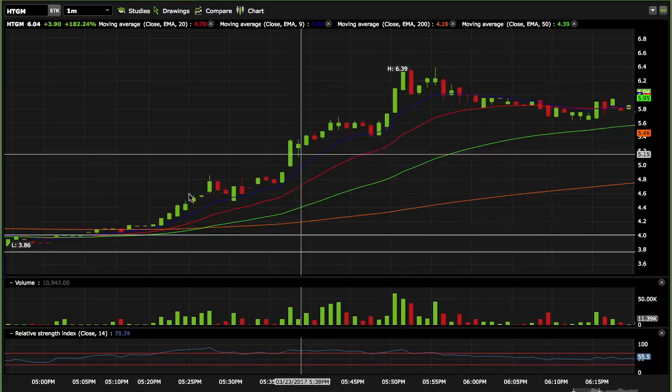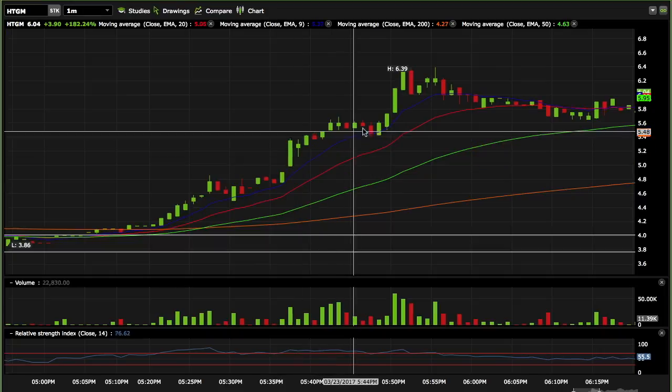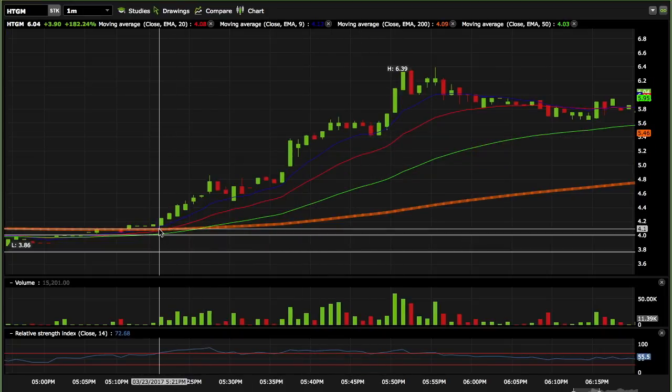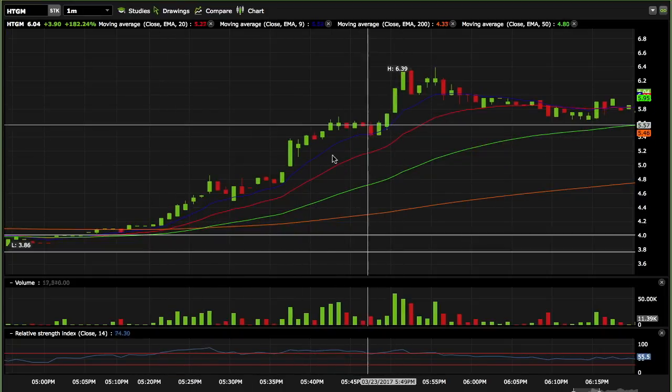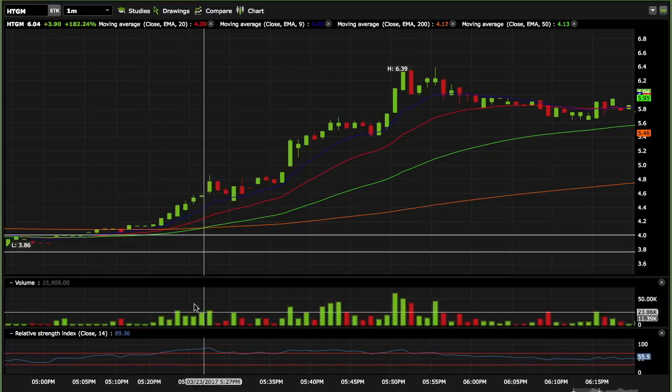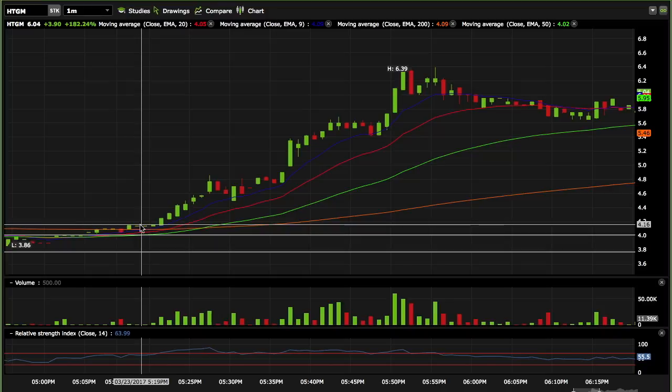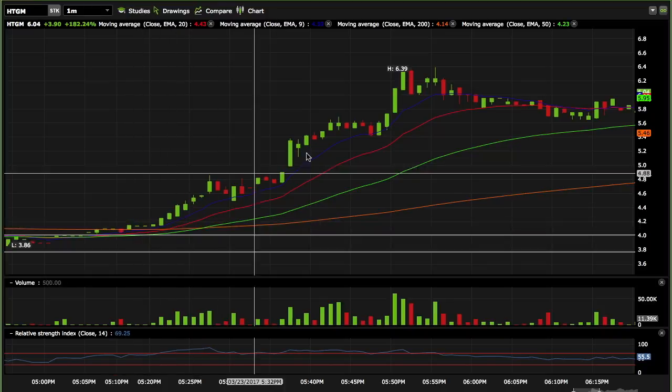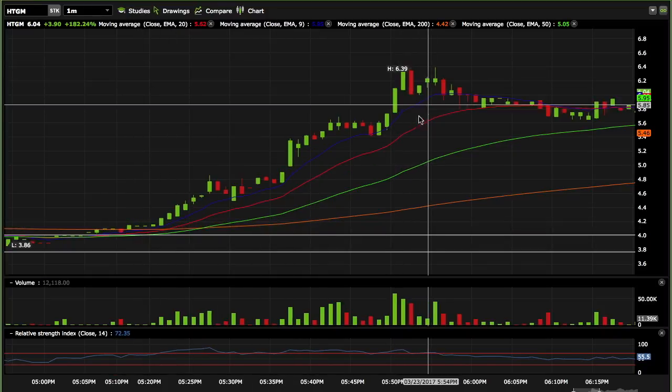When the stock gets so overly extended, when it has such a big move like this, what is that? $2.40 over 30 minutes, you know, not a bad trade. $2.30 over 40 minutes, a share.